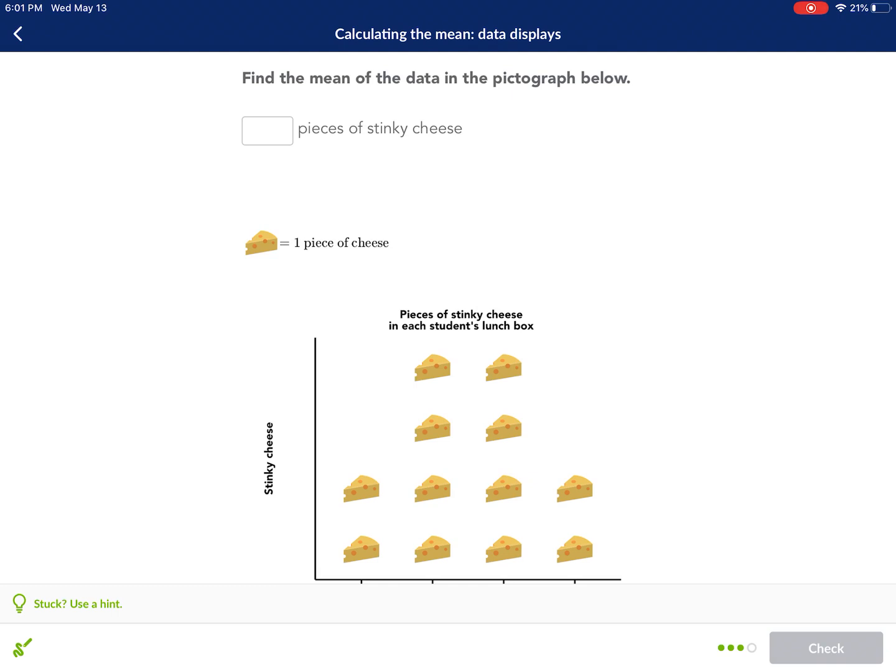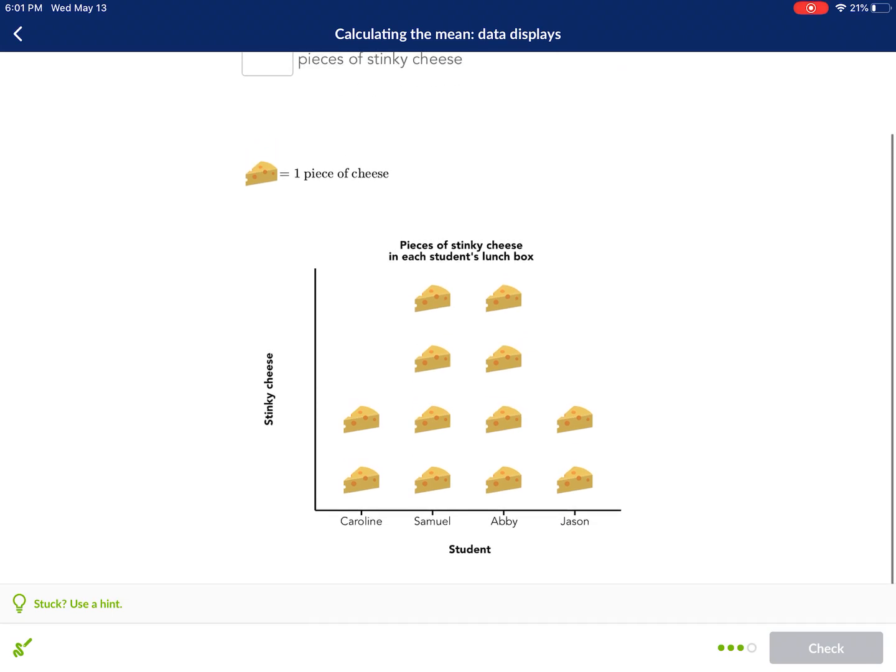All right, next question. Find the mean of the data in the pictograph below. Blank pieces of stinky cheese. Pieces of stinky cheese in each student's lunchbox. I think mostly kids just take in string cheese, don't they? Never seen a kid with a slice of a wheel of cheese.